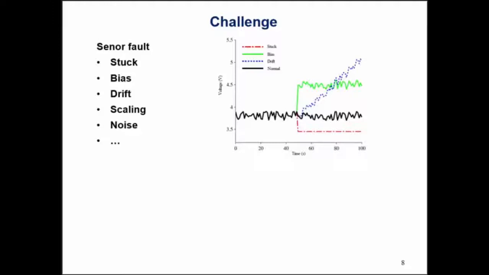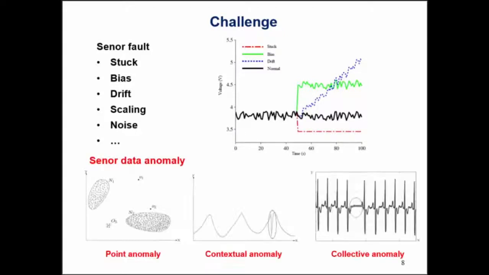On the right figure, you can see the black curve is the normal output of the sensor, but when it is stuck, the output becomes the red line, and the green one denotes that the sensor has a bias fault, and the blue one denotes that the sensor has a drift fault. How we can find the sensor fault is important for UAV operation.